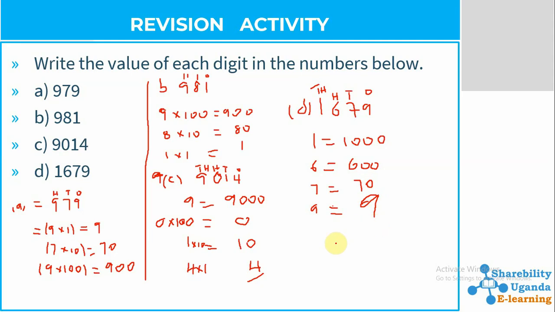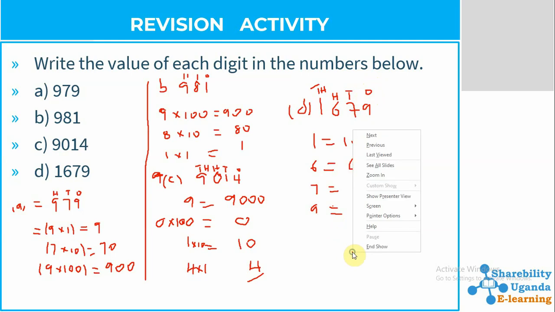So this is totally different from finding the place value. When they say find the value of this, please first arrange them to their place values. Then you multiply the number which is given, like here 9, times its place value, which is in ones. So you say 9 times 1, then you come up with 9.